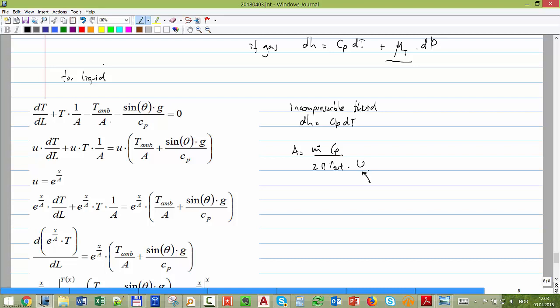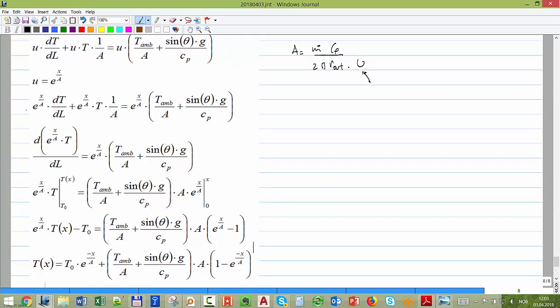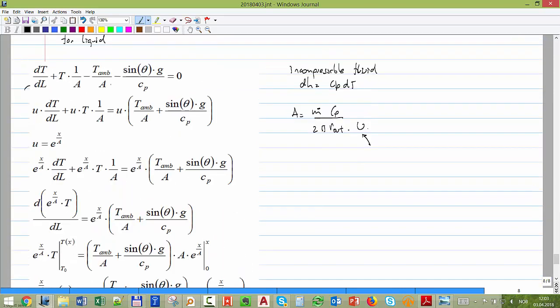So one part is to find the equation that I'm going to use to calculate temperature and see if I can either solve it implicitly, integrate it along the pipe, or get an explicit expression. And the other part is to calculate the overall heat transfer coefficient. That means all the thermal resistance that I have from the fluid all the way to the ambient.